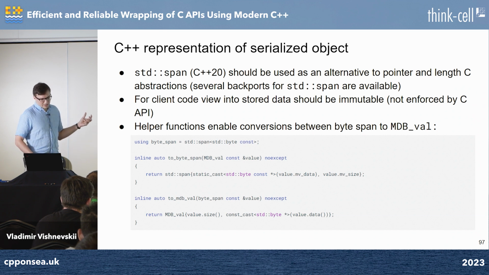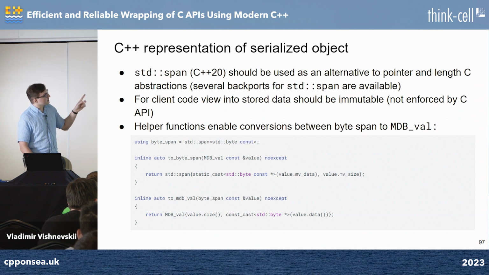We will be using another C++ abstraction for those kinds of contiguous data that we need to prepare for the database. We'll be using std::span. This is a C++20 facility that is finally there. It's very convenient, and I recommend it be used. There are also backports available.